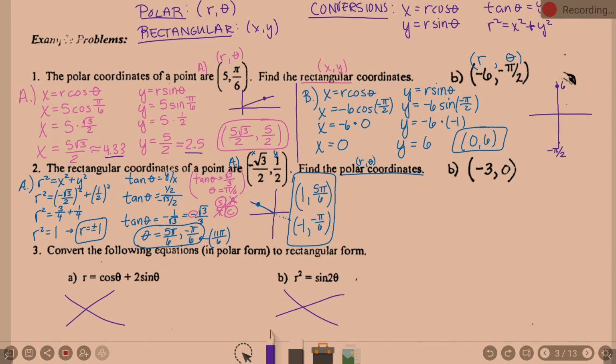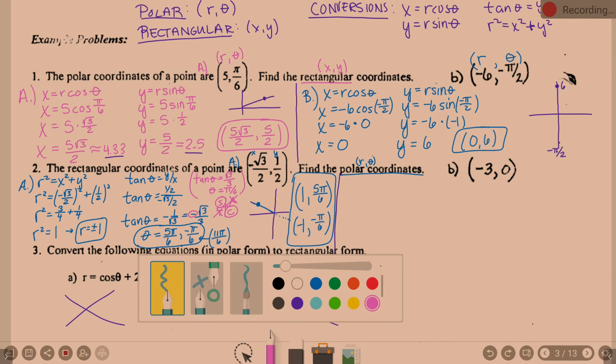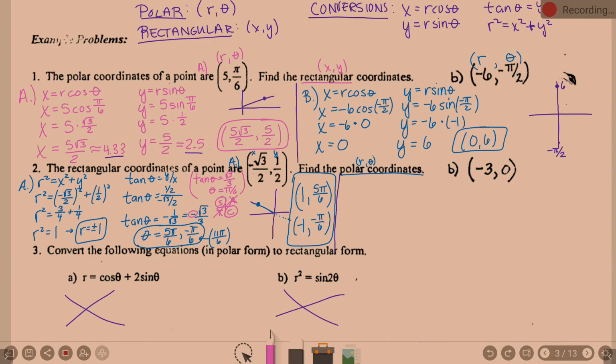Okay. We have another one to do, yes? Part B: -3, 0. And these were stated to be rectangular coordinates. So that means -3 and 0 are x and y. What are we doing? Okay, we can start with what looks like the Pythagorean theorem, yes.